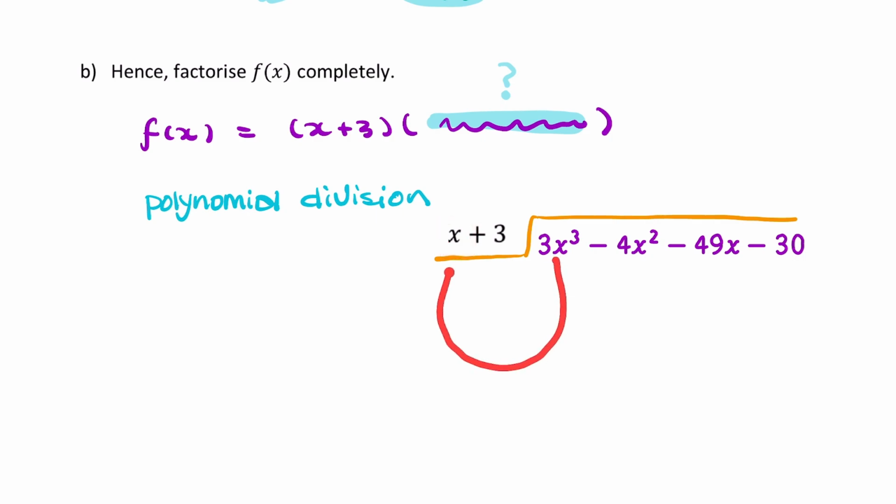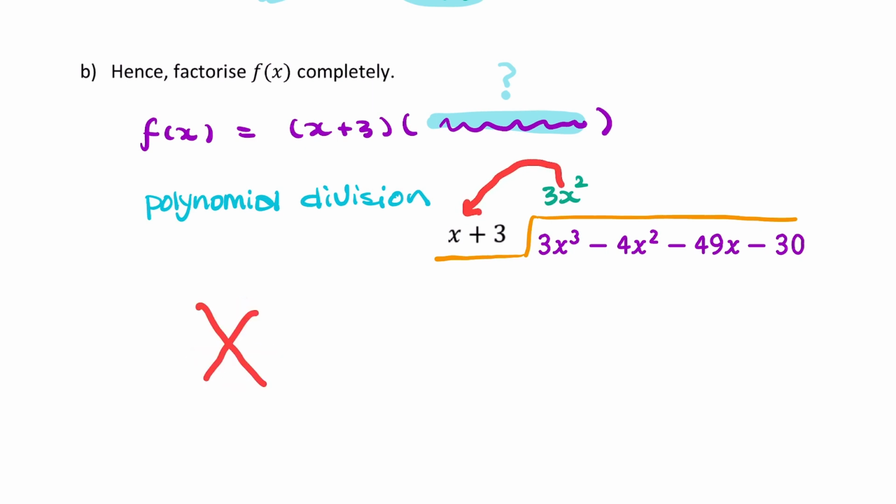So 3x cubed over x gives you 3x squared. That's your division. Next, you multiply 3x squared by x, and 3x squared times 3, and you write the answer here.